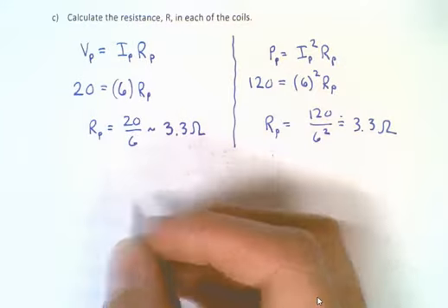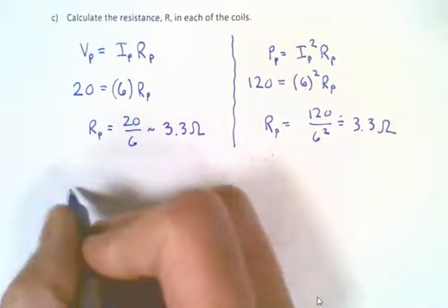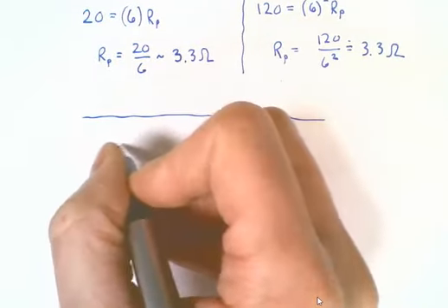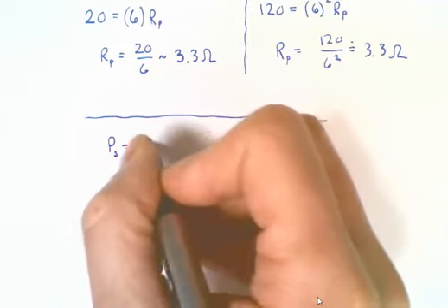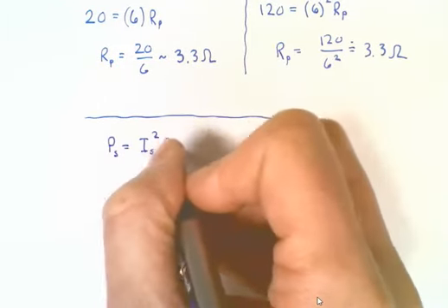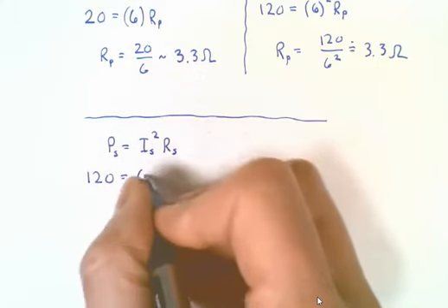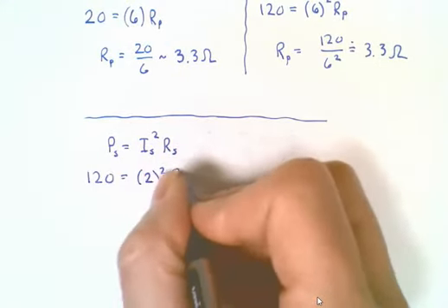So for the secondary side, I'll pick the power on the secondary side is the current on the secondary side squared times RS. It's 120, the same as the power on the primary side. Remember, that's a key point. Divided by 2 squared.